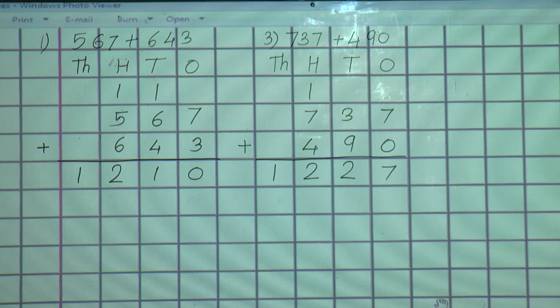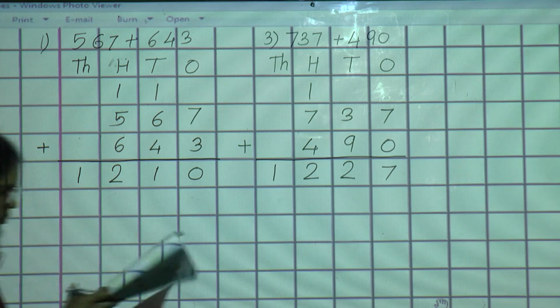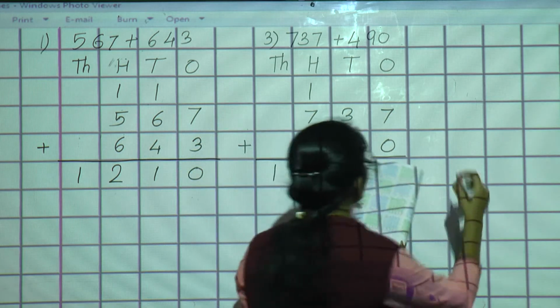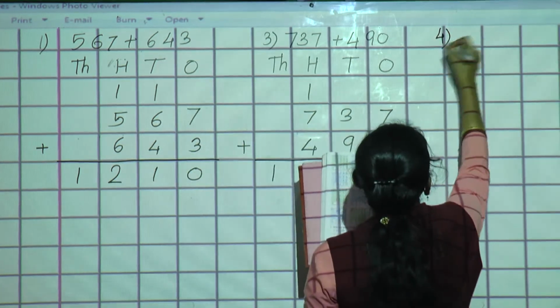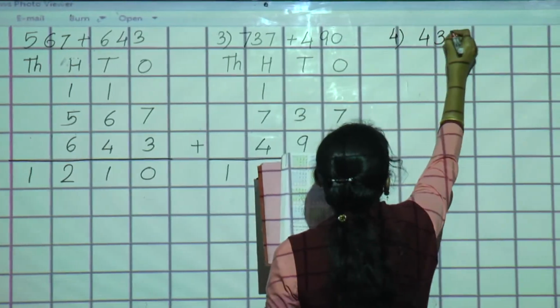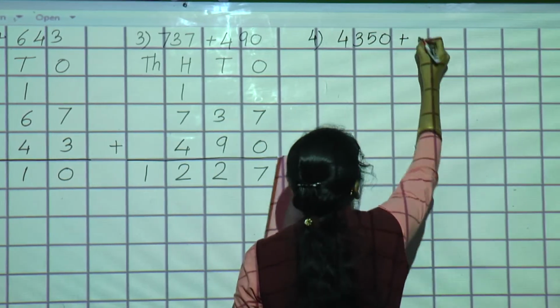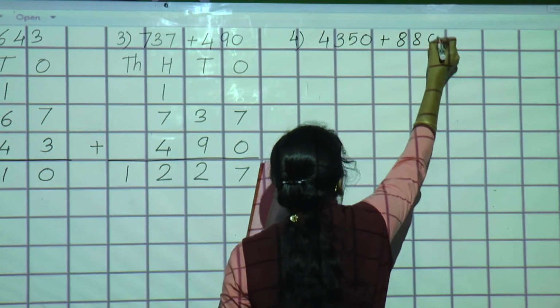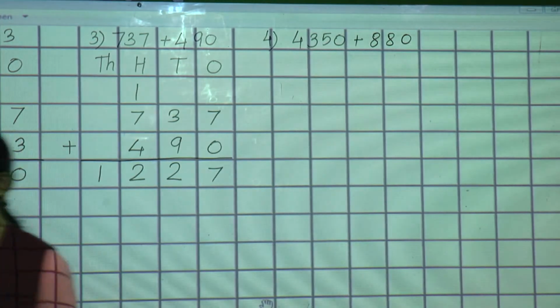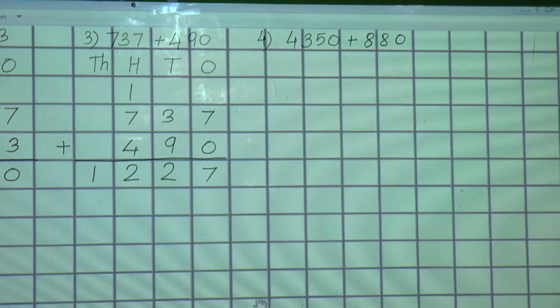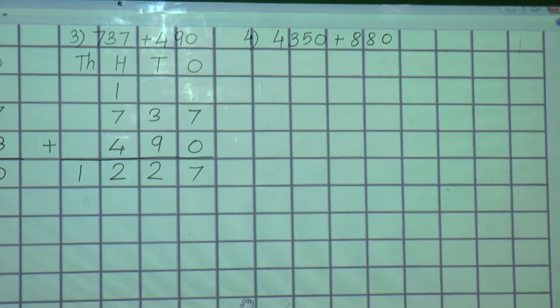See the fourth example. The number is 4350 plus 880. Now here the first number is a 4-digit number and the second one is a 3-digit number.